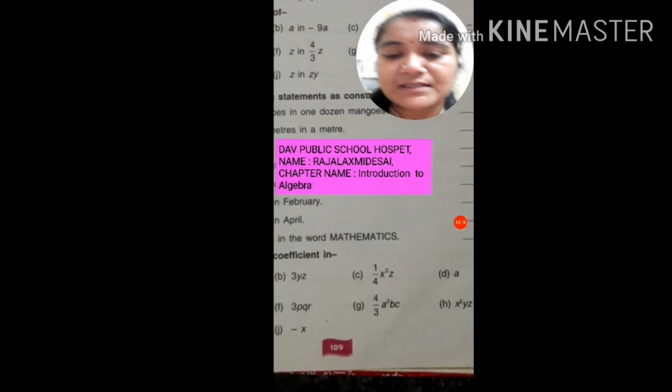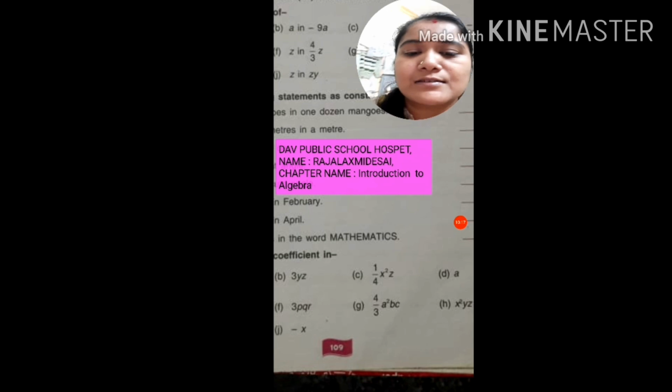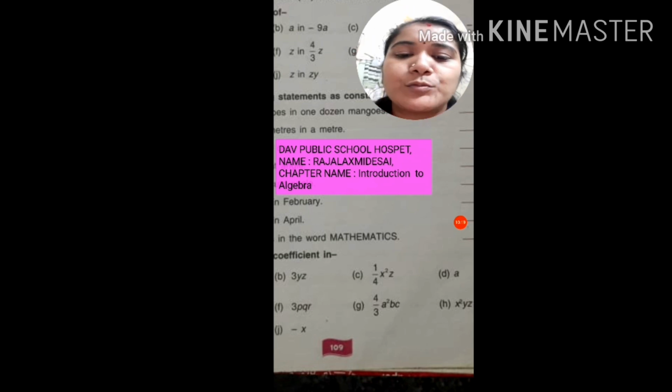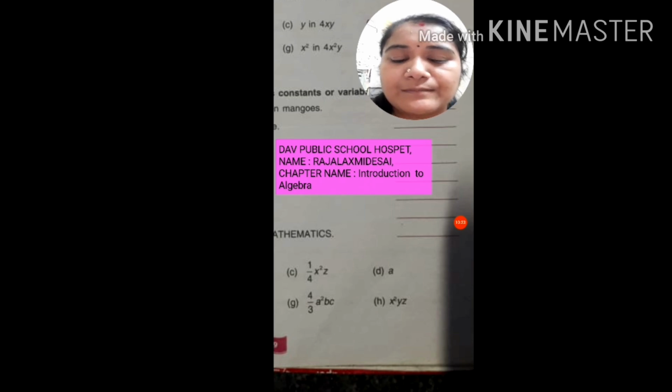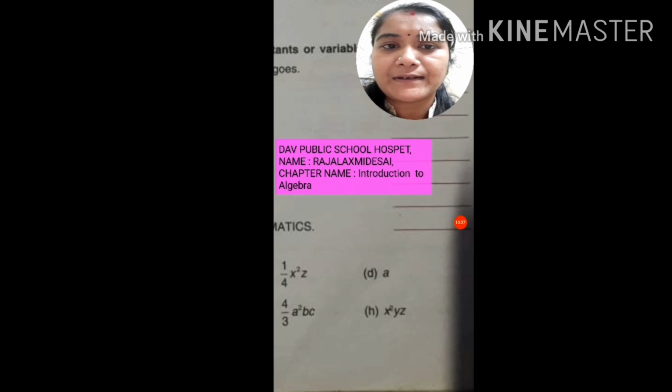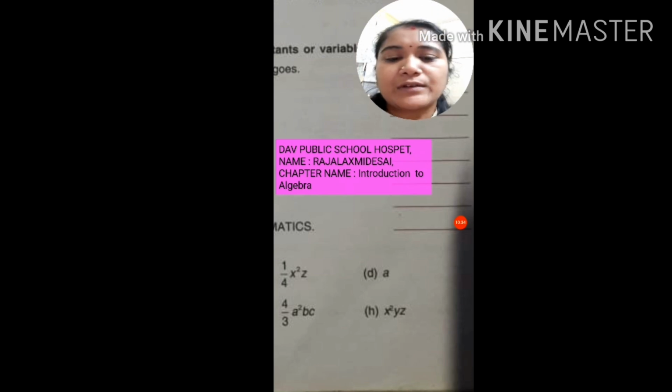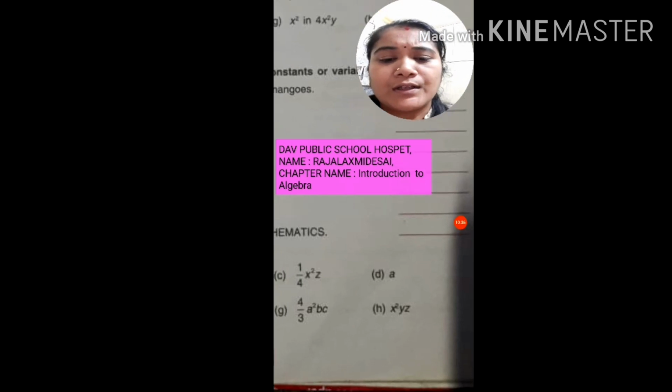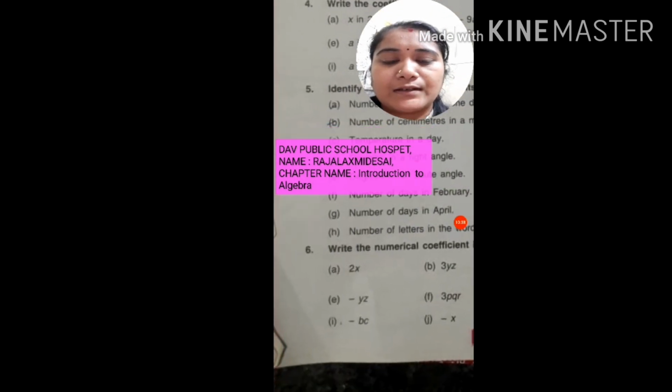Next is question number C, 1 by 4 x square z. Here the numerical coefficient will be 1 by 4. In question number D, you have a. If no number is given, it is understood that 1 is always multiplied with a. So 1 into a is a. Therefore, the numerical coefficient will be 1.